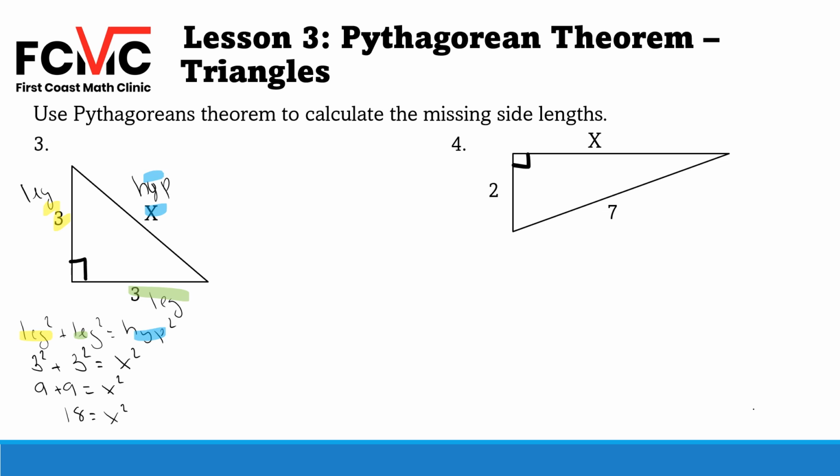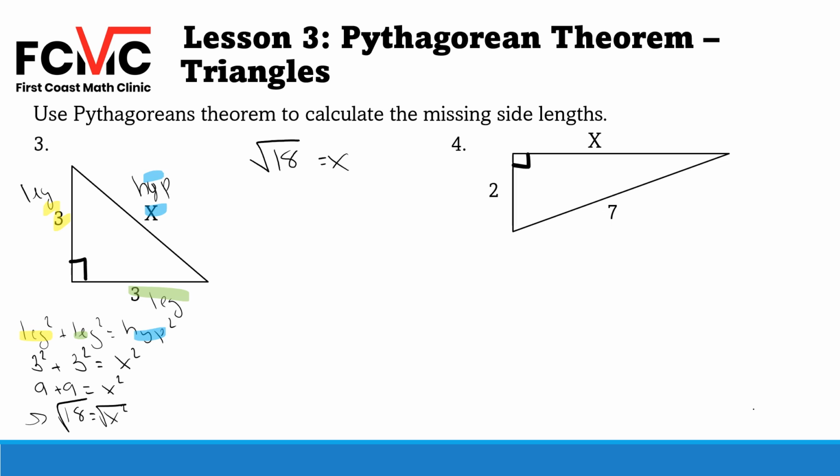Well, I want to know what x is, not x squared, so I'm going to take the square root of both sides. I remember we did this in lesson 2, so I'm going to post a link to lesson 2 at the end of this video if you want to review how we solve or simplify problems like this. The square root and x squared cancel out, so I just have x equals the square root of 18, but 18 is not a perfect square, so we need to simplify that a little bit.